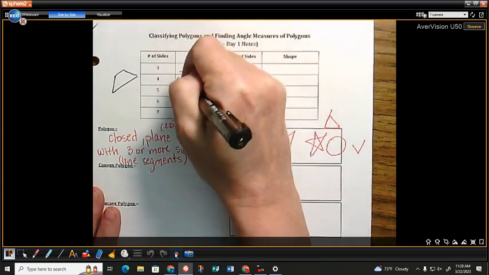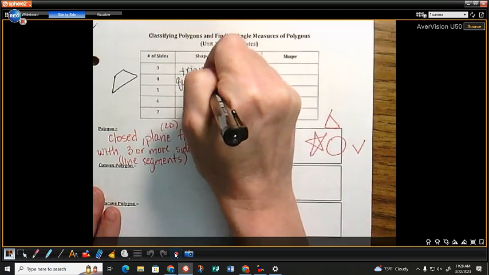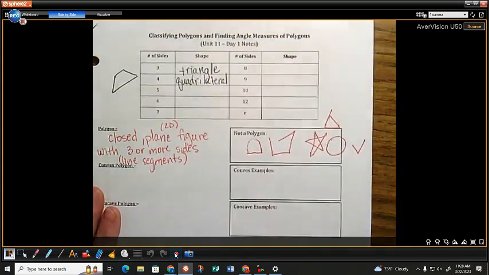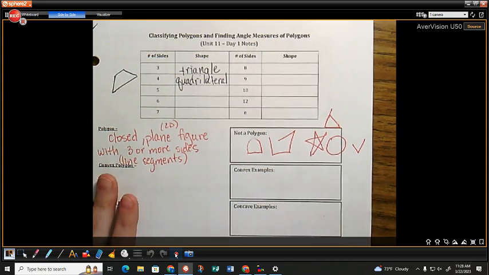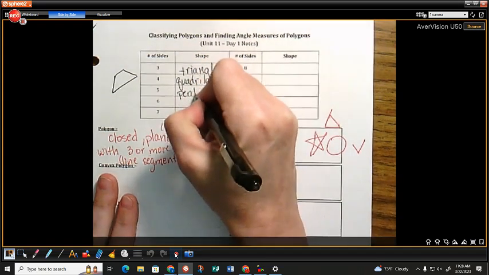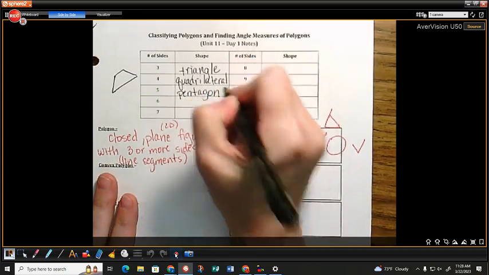So this is going to be a quadrilateral, because you need a generic name that fits anything that's got that many sides.